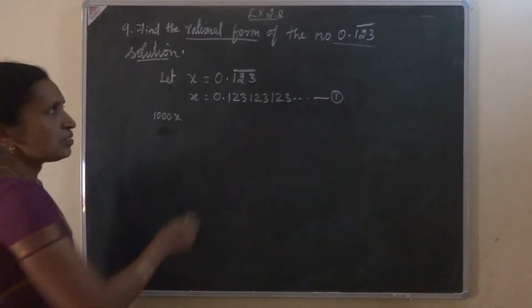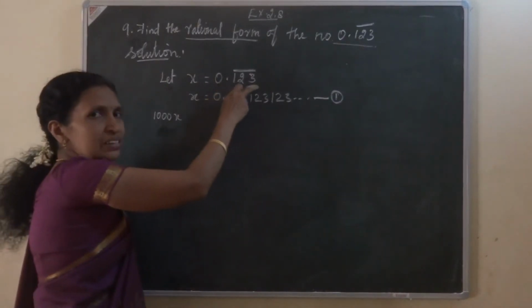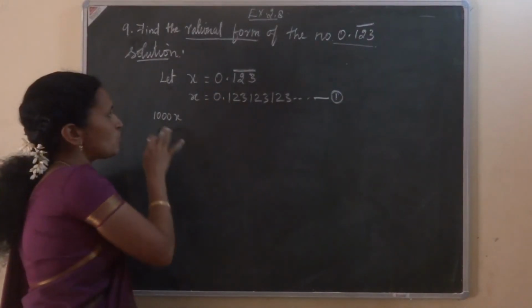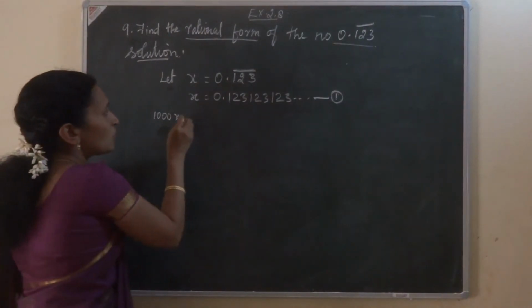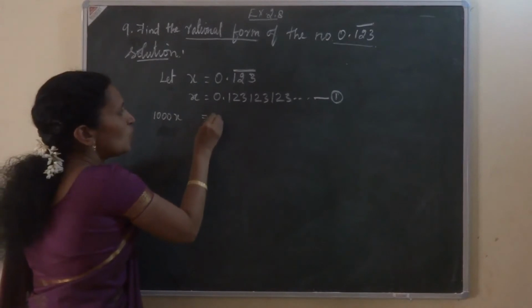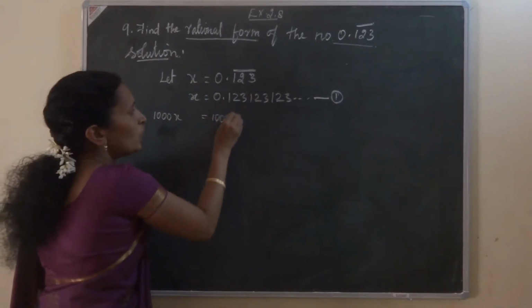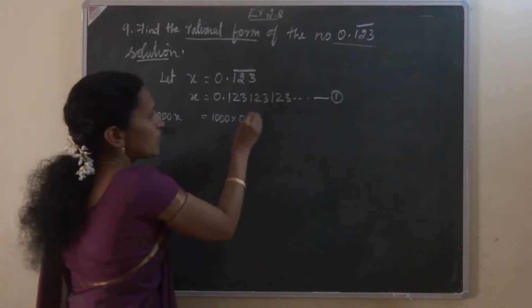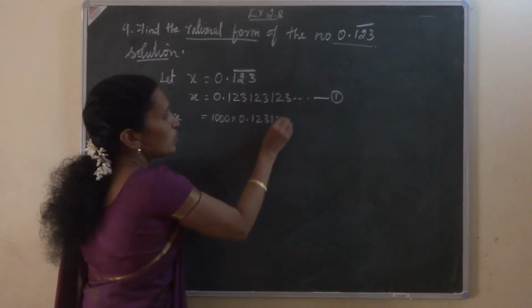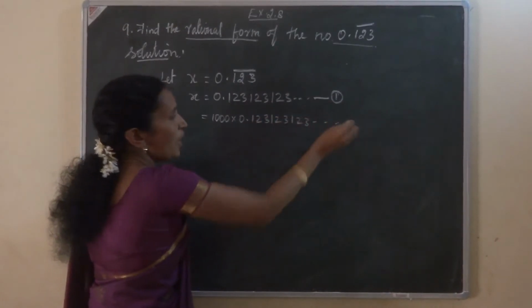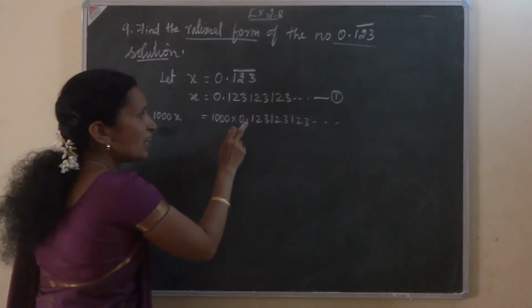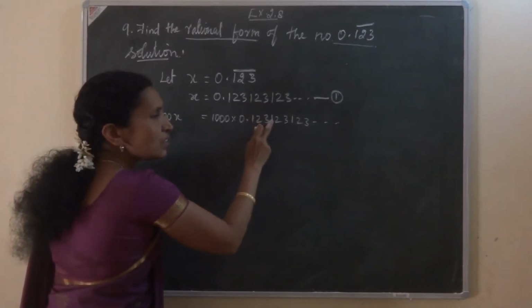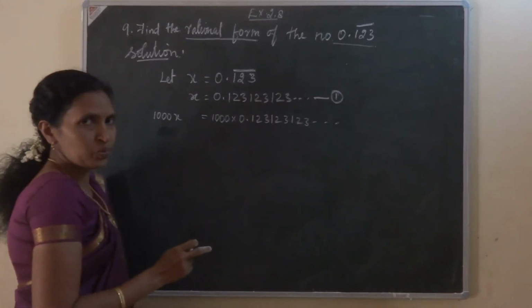Okay? Bar down, 3 digits are there, so you have to multiply by 1000. Now 1000x equal to 1000 into 0.123, 123, 123, so on. When you multiply this number by 1000, 3 digit right side it will move there, isn't it?